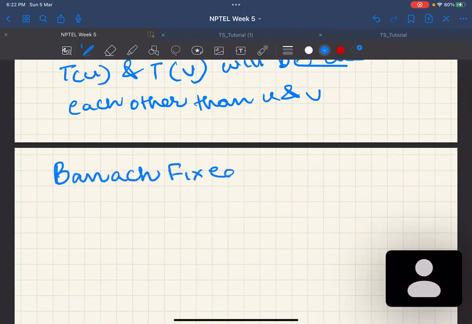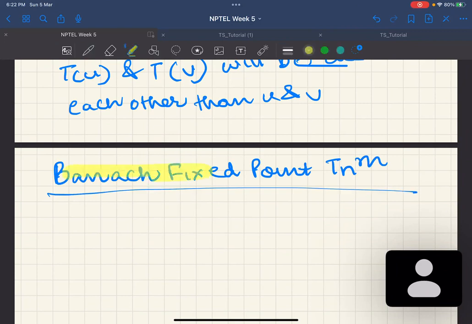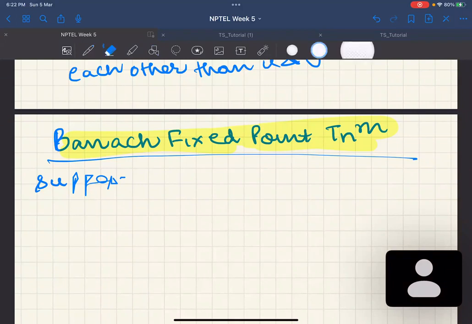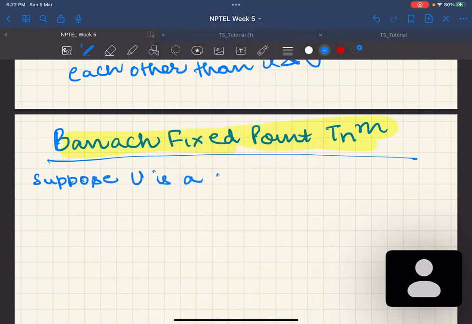Coming to the Banach fixed point theorem. Suppose, first I'll write it and then explain. U is a Banach space.